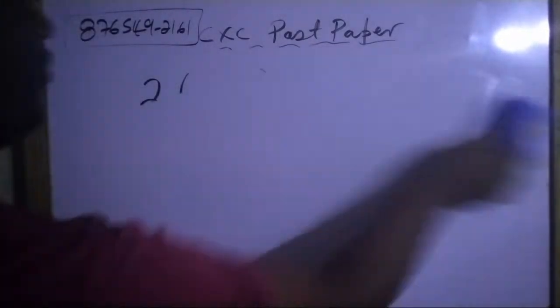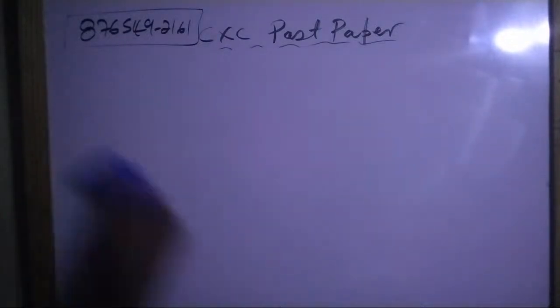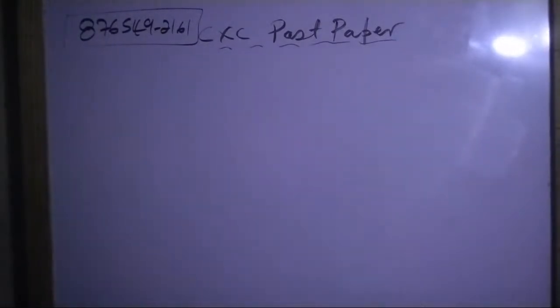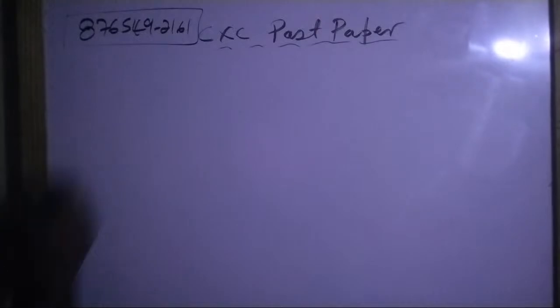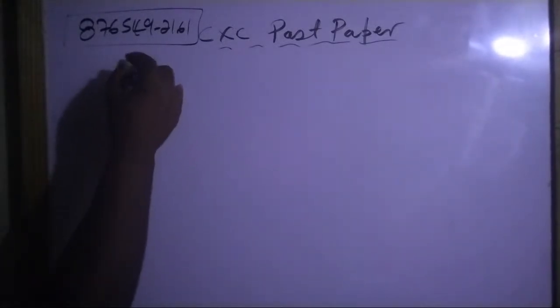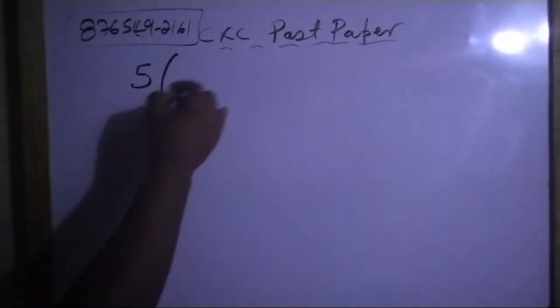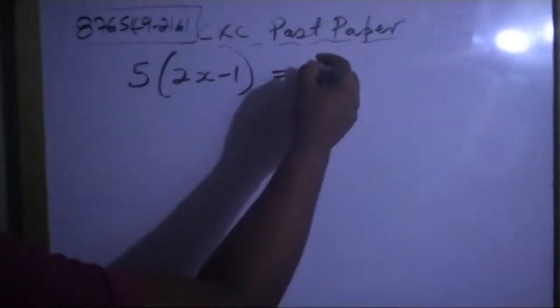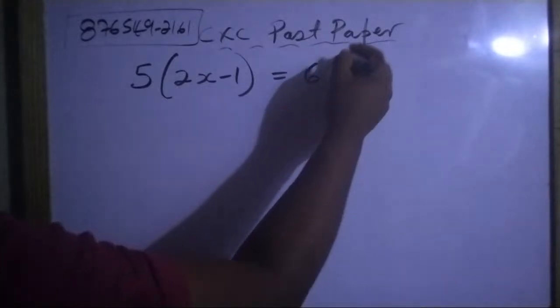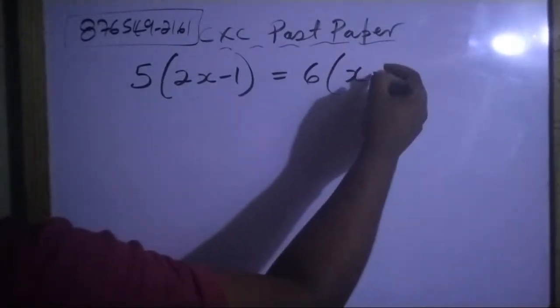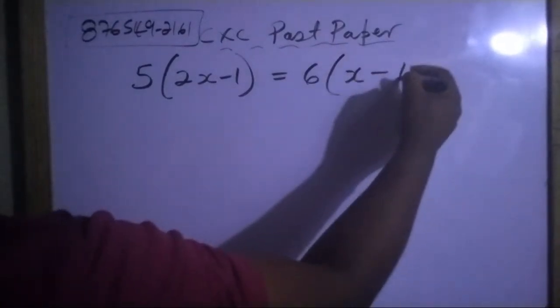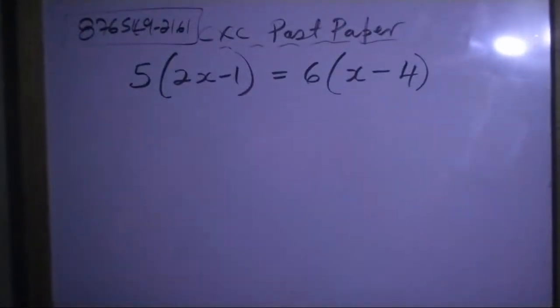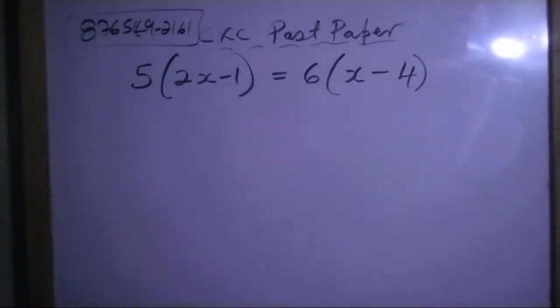If we're having a little difficulty, we spend a little time to straighten up some little things. So let's see if we can fix this one. Let's go, guys. 5 bracket 2x minus 1 is equal to 6 bracket x minus 4.